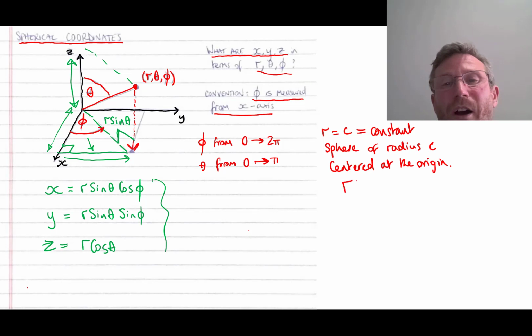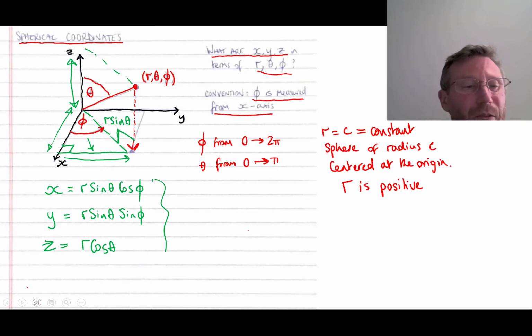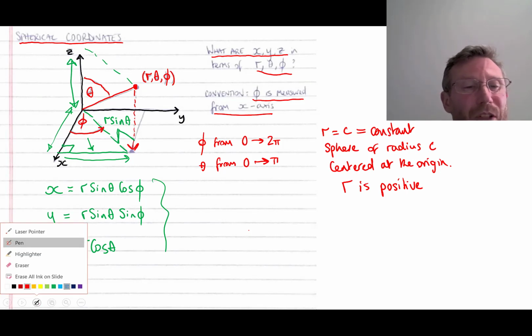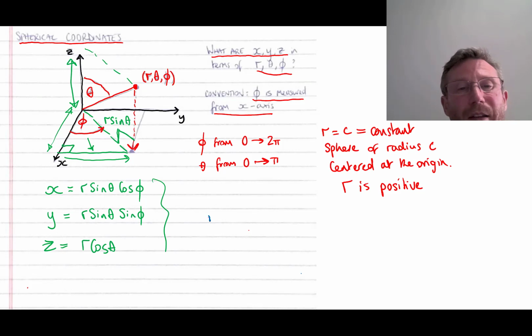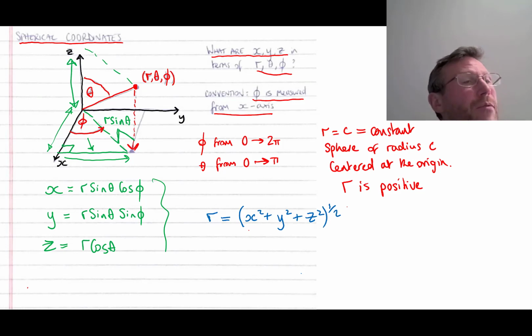We're also going to say that r is a positive number. So r is positive. Other things that we can talk about, we can also state that r is equal to x squared plus y squared plus z squared, and we'll have the square root of that.